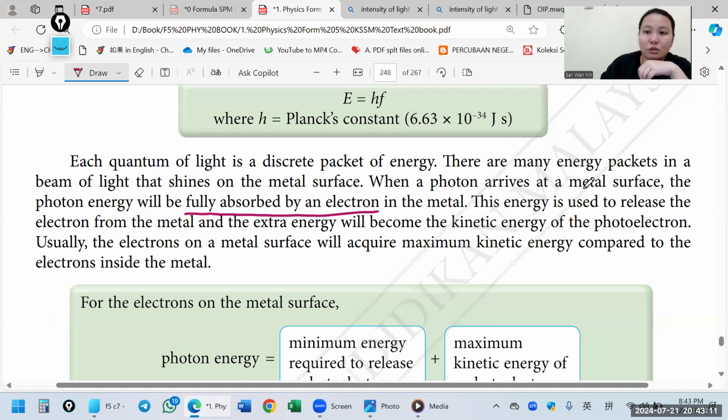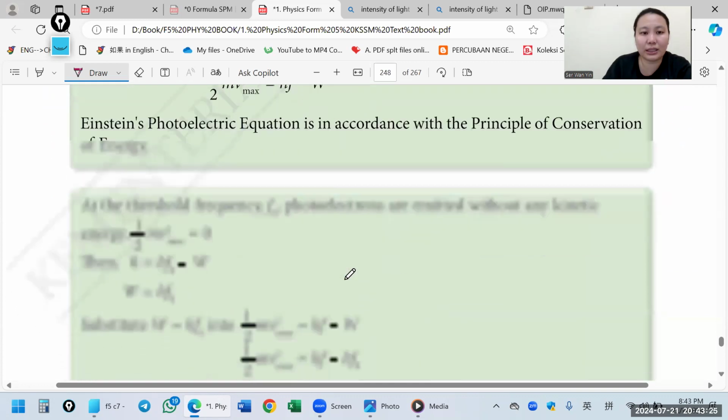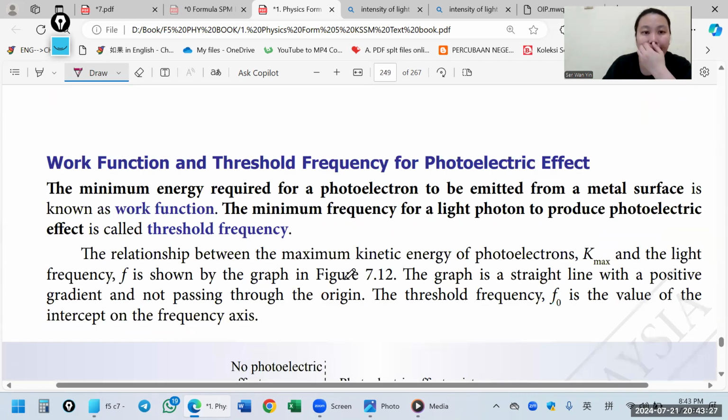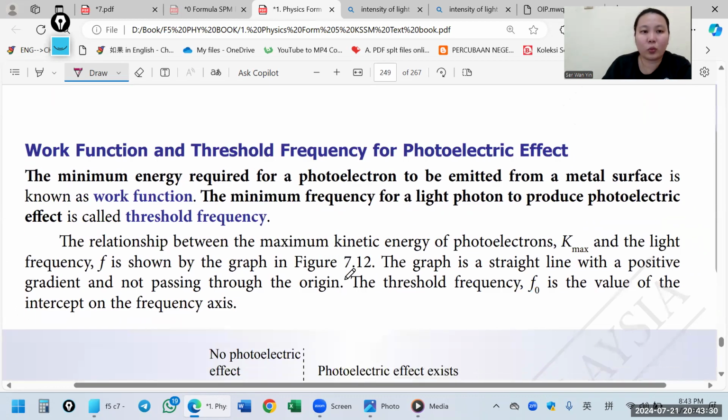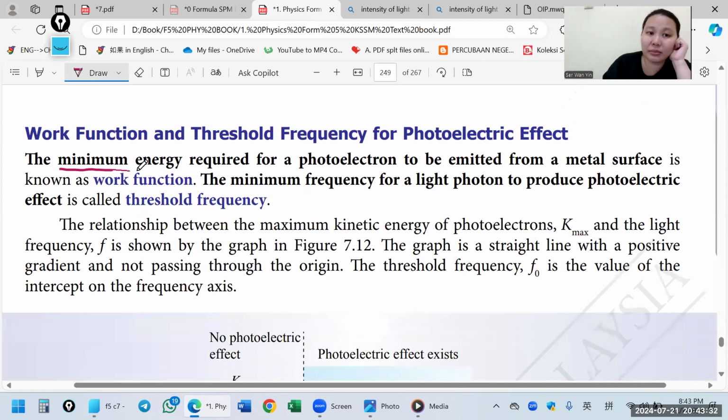This energy is used to release the electron from the metal, and the extra energy becomes kinetic energy. Work function means the minimum energy required for a photoelectron to be emitted from the metal surface.